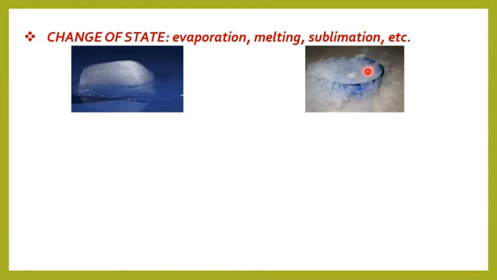So this could be camphor heated, forming vapor. So it doesn't pass through the liquid state. That's sublimation. Of course, we also have evaporation as a change of state of matter due to the effect of heat. So second, change of state of matter. Let's go to the third one.